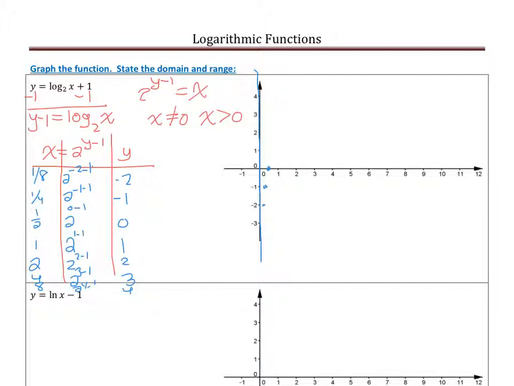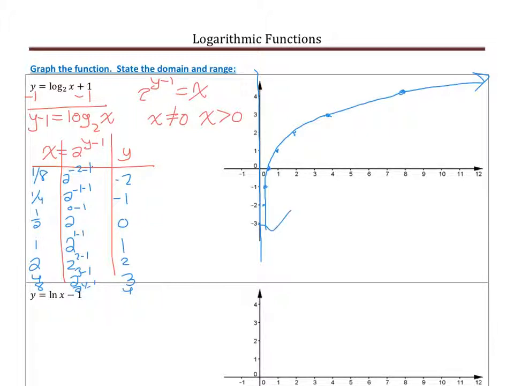And 1, 1, 2, 2, and we've got 4, 3. And I might as well go all the way out to 8, 4. So we've got this asymptote here, the axis, and we'll be growing in that direction.